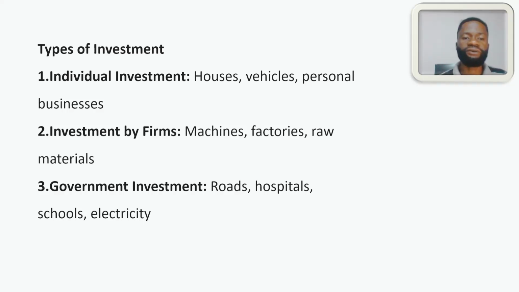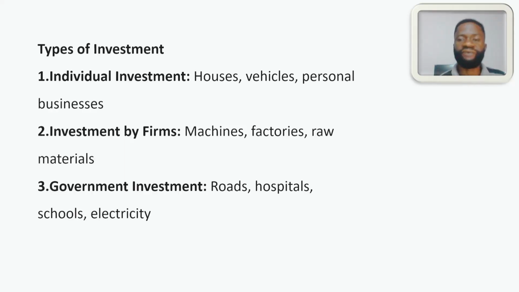All these are firms' investments. So for instance, a beverage company buying new bottling machines to increase output is making an investment. So firm investment encourages mass production. It also increases the employment level and also promotes industrial growth.